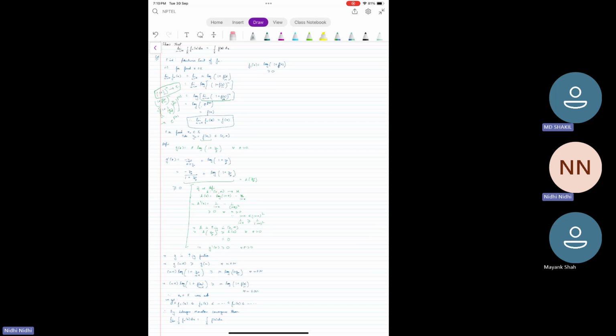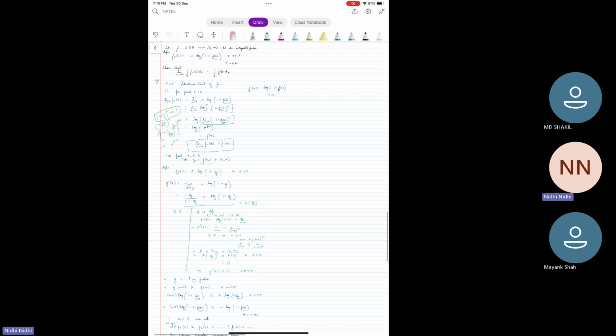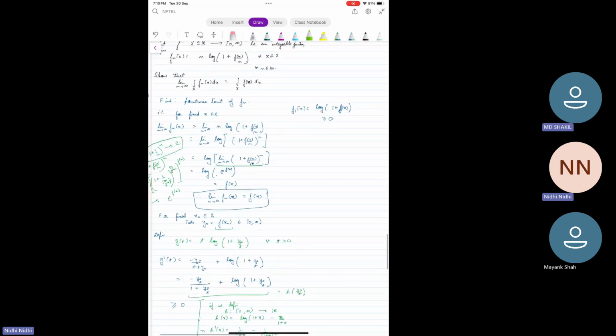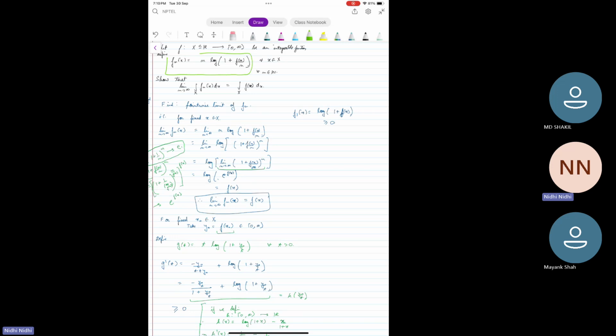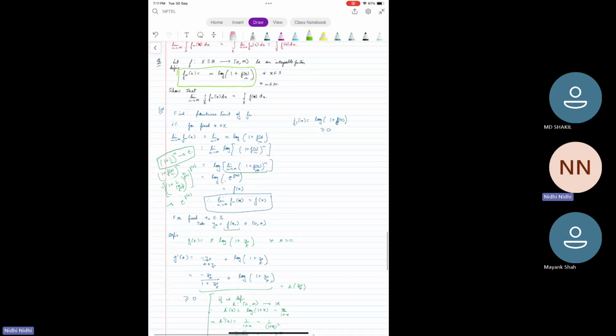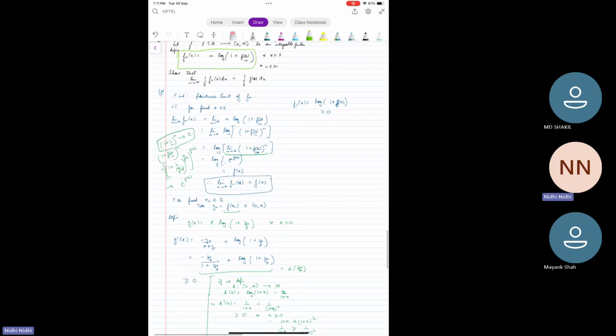And how is this function f_n(x) defined here? f_n(x) is n times log of 1 plus f(x) by n. So first we have shown that it is pointwise convergence, and its pointwise limit is the function f(x) itself.